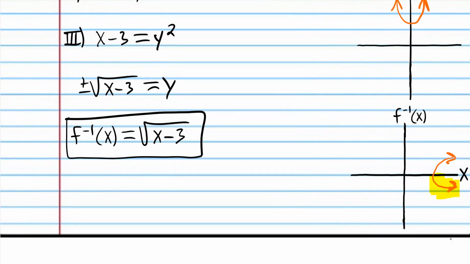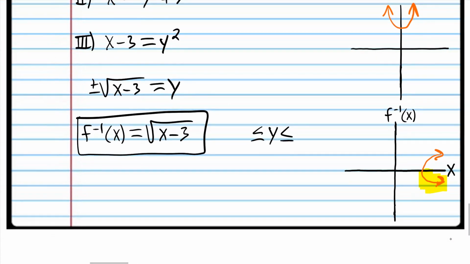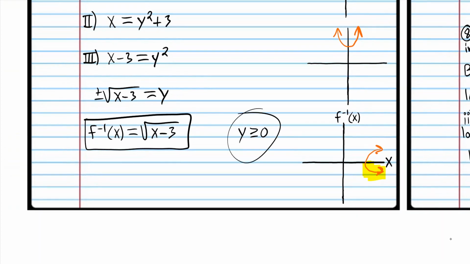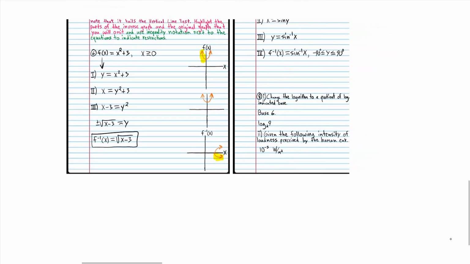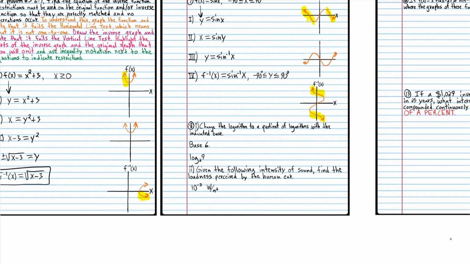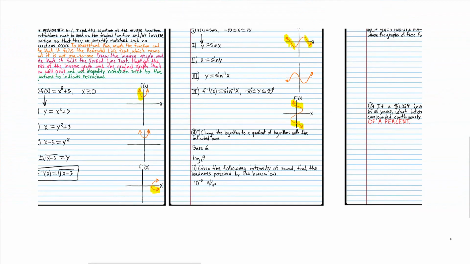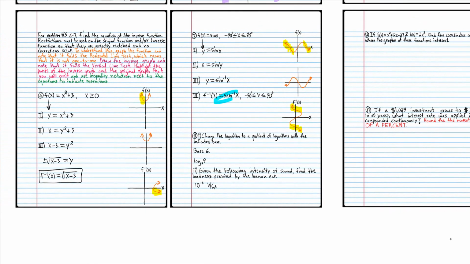But if you did want to show the restriction in the range, well, you could just write y, the range, has to be greater than or equal to 0. But again, this is not really necessary. And it's not really even necessary to write the range restriction here. Because again, it's implied when you see this expression.